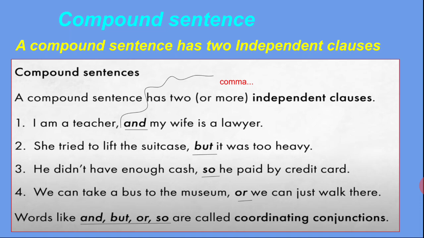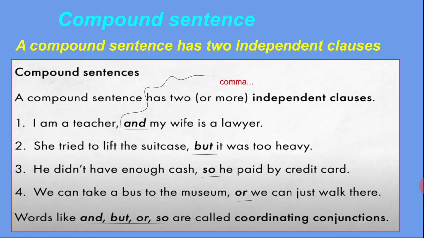He did not have enough cash, so he paid by credit card. There you can't use but, or any other conjunction. Sometimes one or two conjunctions may suit the sentence, but it should not go wrong with a senseless meaning.